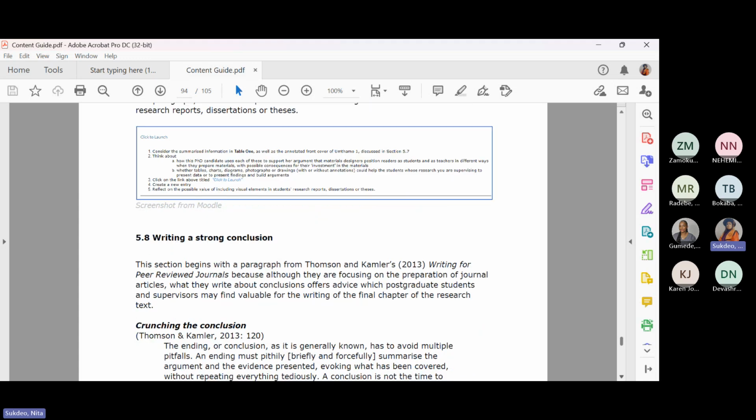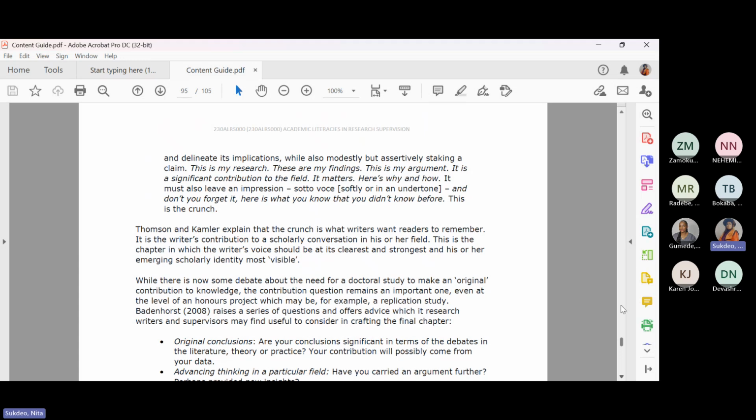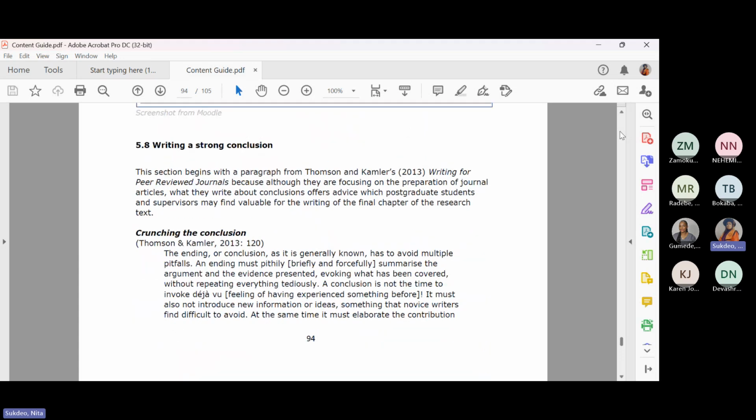Let's see what is happening next. 5.8 is coming to the conclusion, which is writing a strong conclusion. What does a conclusion entail? A conclusion is basically an overall summary of everything that you have done from your chapter 1 right up until your chapter 4, which is your results and findings. So you're now summarizing everything in that conclusion chapter. And how do you write a good, strong conclusion?